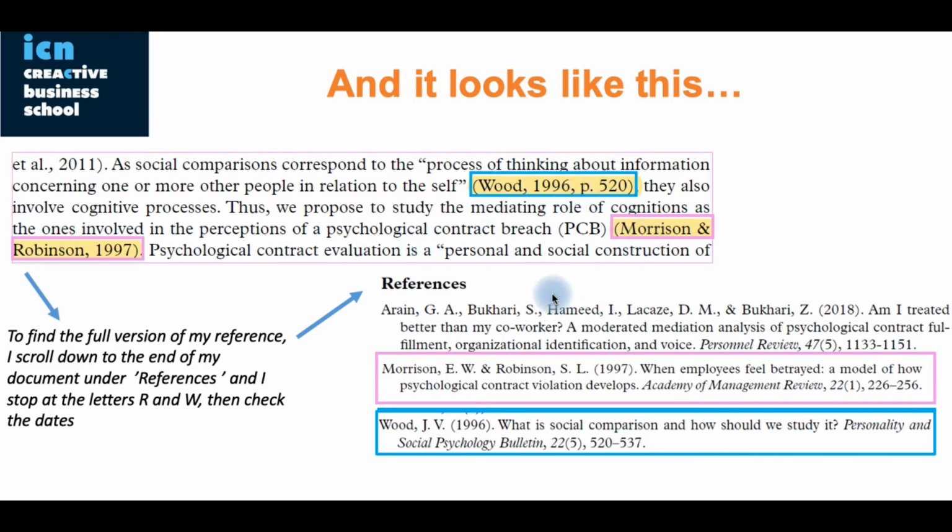But when you scroll down to the end of your document, if you want to find the full record of that citation, you need to look in alphabetical order, because all references are always listed in alphabetical order, at least in APA. You need to spot the letter M, and you will find at the letter M the full record of your citation. Same for Wood.